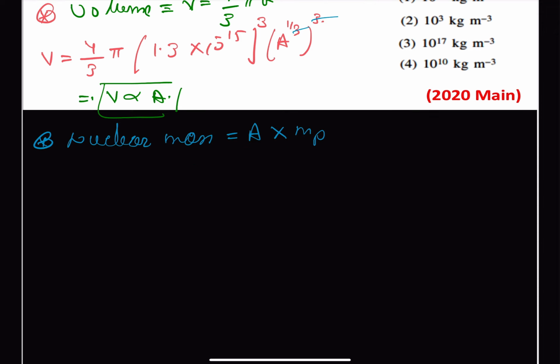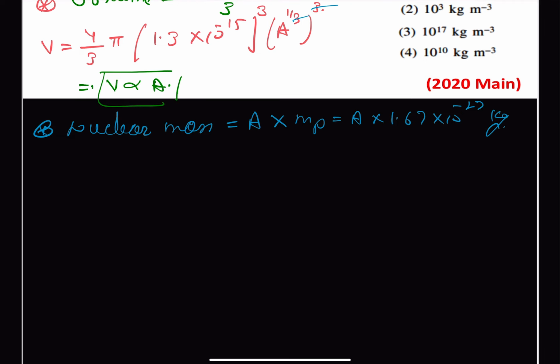So we can write this as A multiplied by 1.67 into 10 to the power minus 27 kg. Now we can just find out our density, because we know mass and we know our volume.